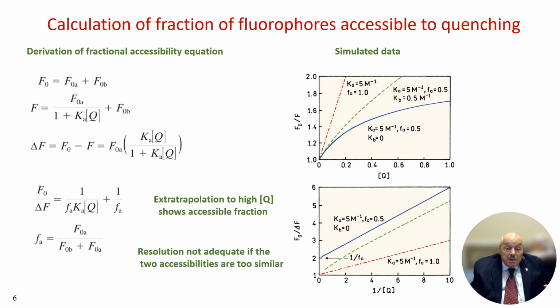I have to admit that the resolution of this method is not very good if the two accessibilities are similar. I was going to try and remove this central green line where the accessibilities are more similar, but they have to be quite distinct in order to resolve them in this type of plot.